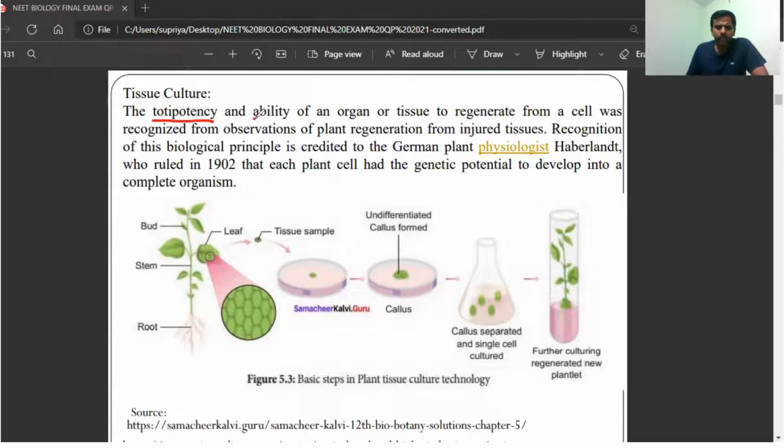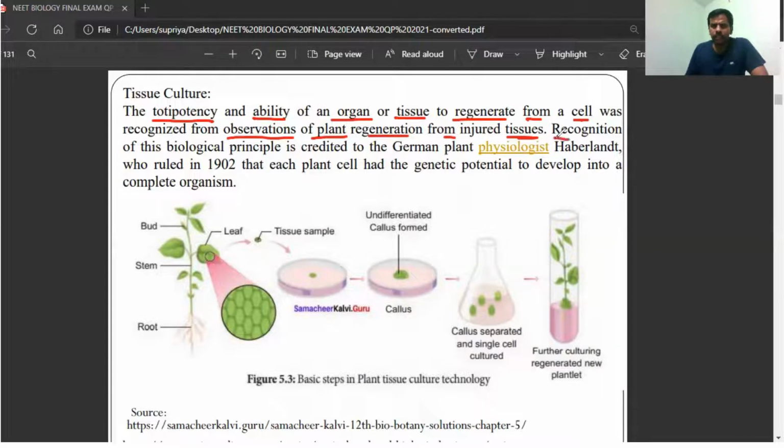That is the ability of an organism or a tissue to regenerate from a single cell, was recognized from observations of plant regeneration from injured tissues. Simply we can say that, and this ability is there only for the plant cell. It means the generation of an entire new plant from a single cell, right? That ability is called totipotency.